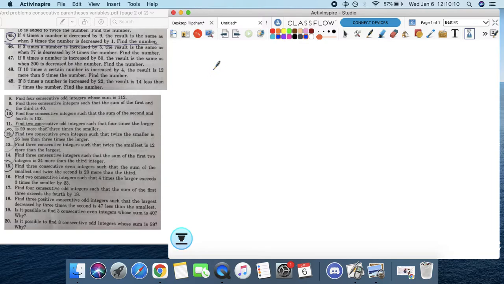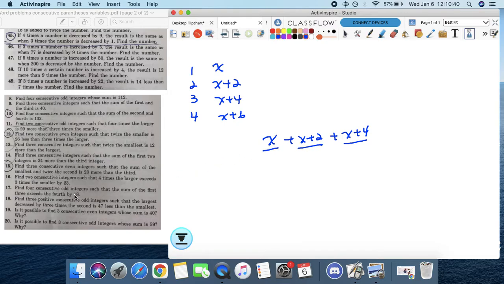16, okay, 17. Find 4 consecutive odd integers, so x, x plus 2, x plus 4, x plus 6. Okay, so first, second, third, fourth consecutive integers. So such that the sum of the first 3 numbers, so x plus 2, the second number, x plus 4, the third number, exceeds the fourth number, which is x plus 6, equals 18.